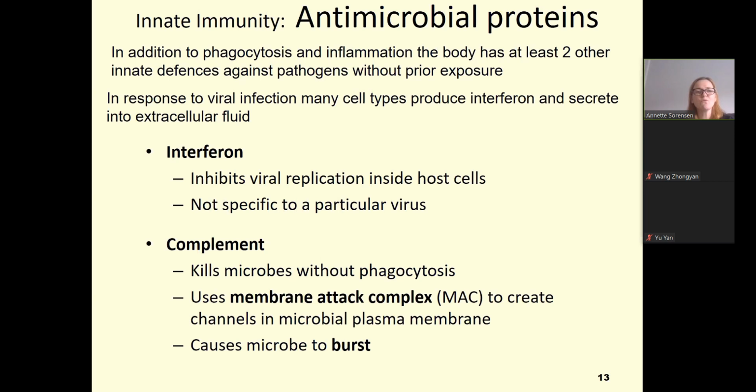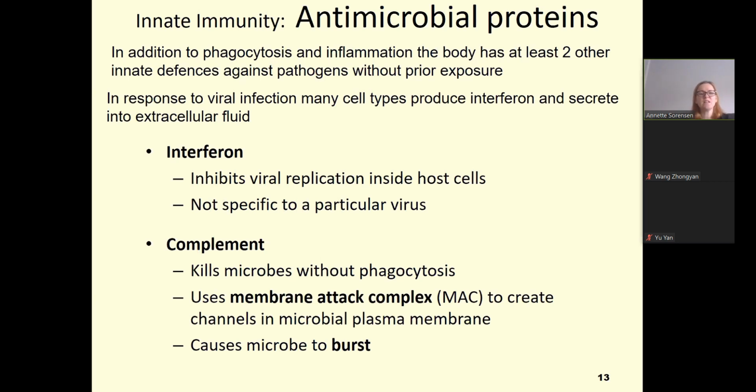For example, in response to viral infection, many cells produce what is called interferon, and they secrete this into the extracellular fluid. Interferon binds to receptors on infected cells, and it can inhibit viral replication in the host cells. Again, interferon is not specific to a particular virus.